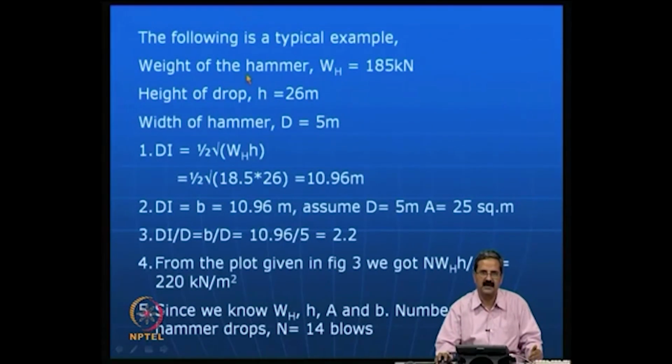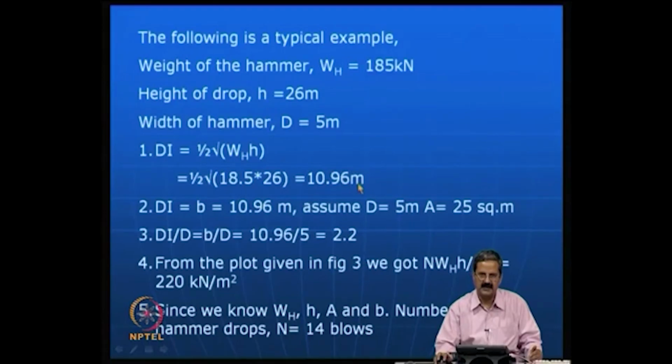In a typical example, the weight of the hammer is about 18.5 tons or 185 kilonewtons, the height of drop is about 26 meters, and the width of the hammer is 5 meters. So, the first step is to calculate this depth of significant influence.